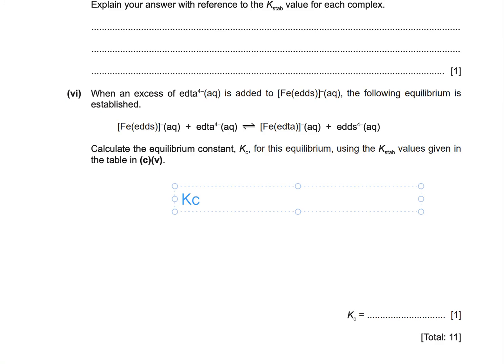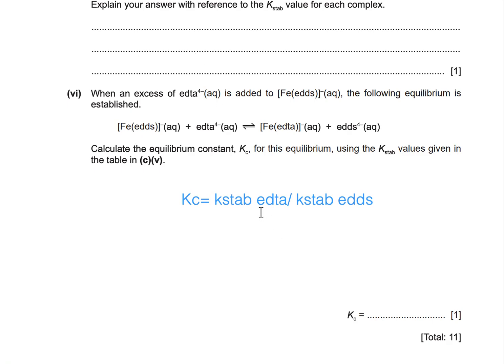Write Kc is equal to products over reactants, the K stab values. So K stab of FeEDTA divided by K stab of FeEDDS. You need to write it clearly with the brackets and all, but I am not doing that to save time, but you should.